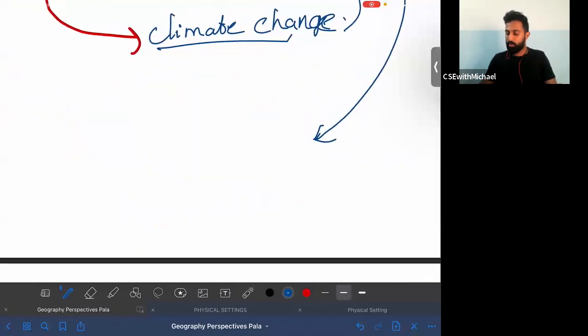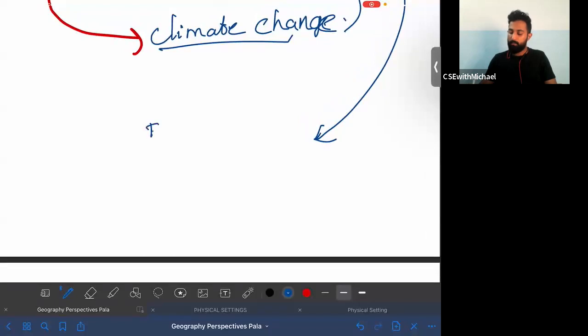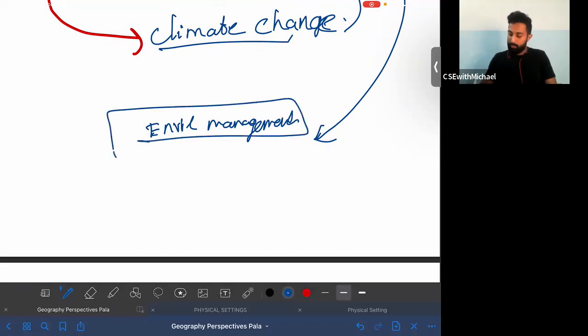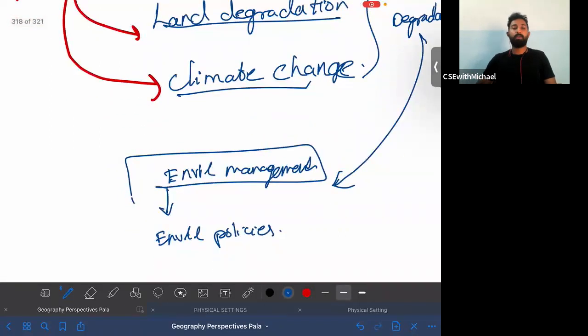Now in environmental geography, our concern is about environmental management to deal with these issues in an adaptive manner and in a mitigative manner. That is environmental management, and environmental management is carried out through environmental policies. So this is the rest of the things. All these three aspects are what we are left with in environmental geography.